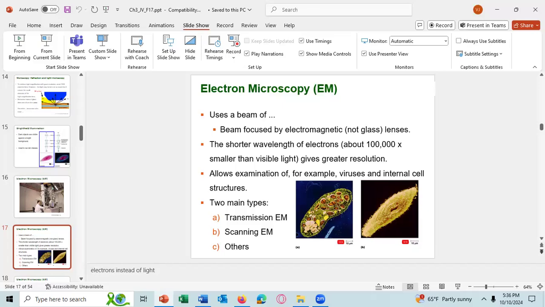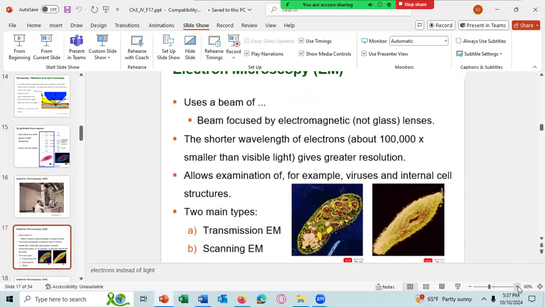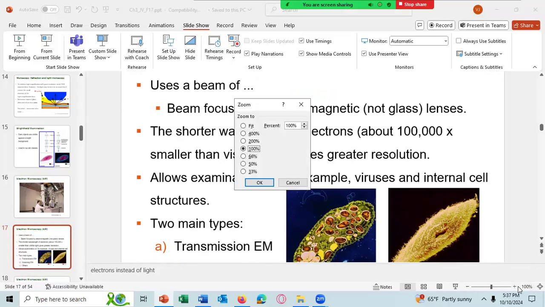Here are two specimens using an electron microscope, showing the two main types of electron microscope. Transmission electron microscope, shown here, and a scanning electron microscope, shown here. Let me blow those up. And what can you tell me about the differences between the two types of microscope?